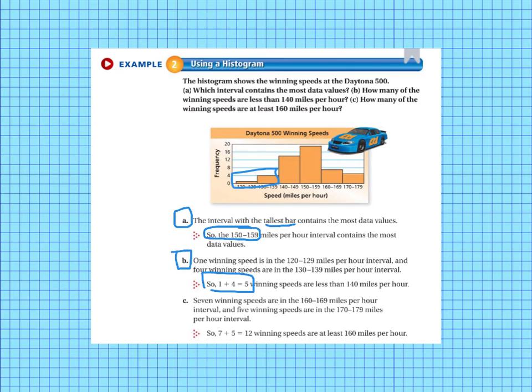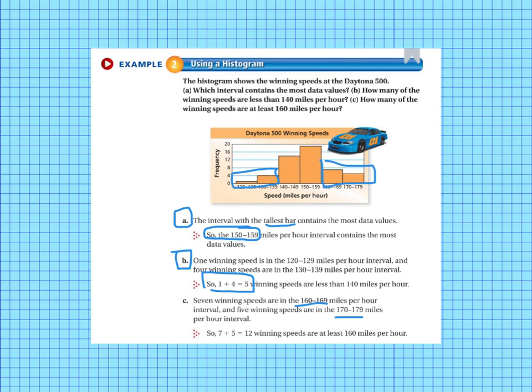Finally, we're going to look at example 2C. It asks us how many of the winning speeds are at least 160 miles per hour. So that means 160 miles per hour or greater. So we're looking at the other end of our graph down here. So we can see that there are 7 winning speeds in the 160 to 169 miles per hour interval, and 5 that are 170 to 179.